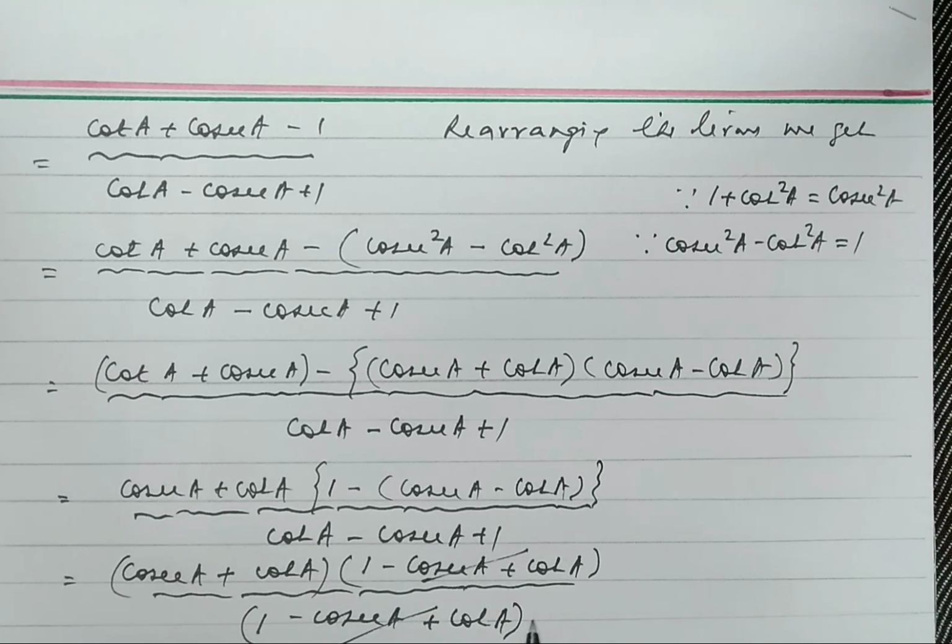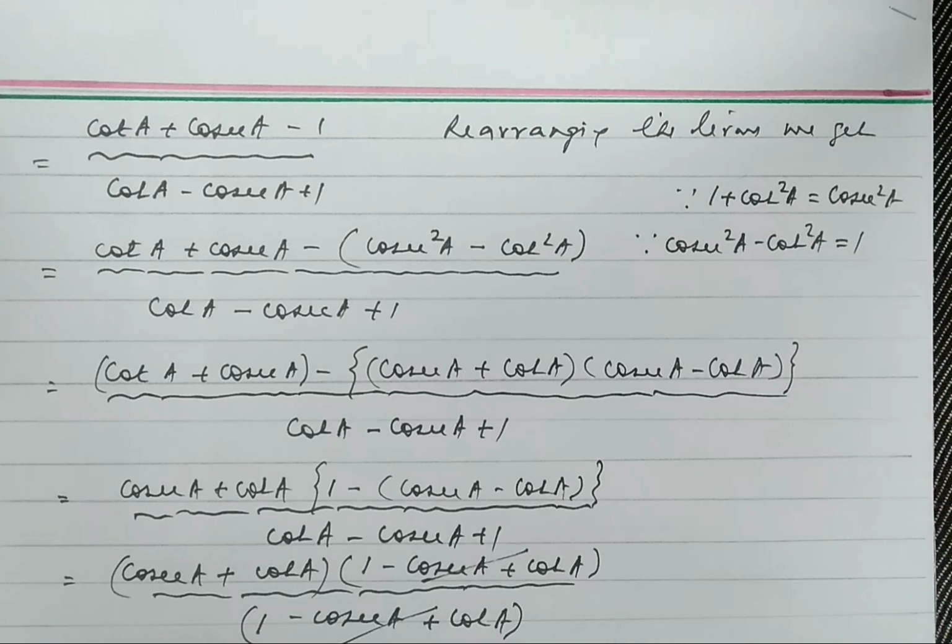Didn't get it? Okay, let me just explain. We have 1 as positive, and here also we have in the denominator 1 as positive. We have minus cosec, ठीक है? So we have minus cosec here also, alright, and we have a positive cot A. So what I'm trying to say is that this one is exactly this in terms of their signs also.